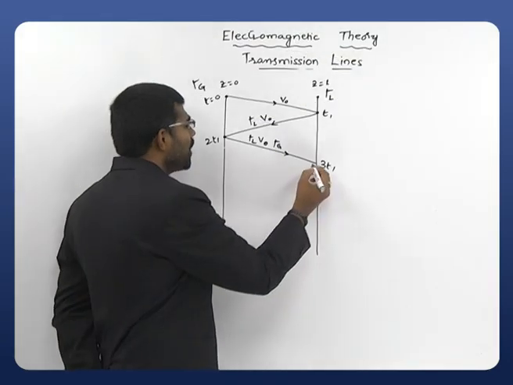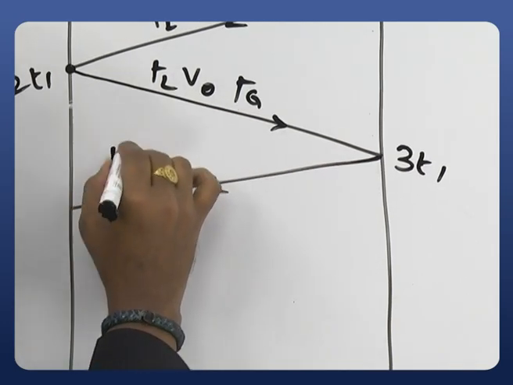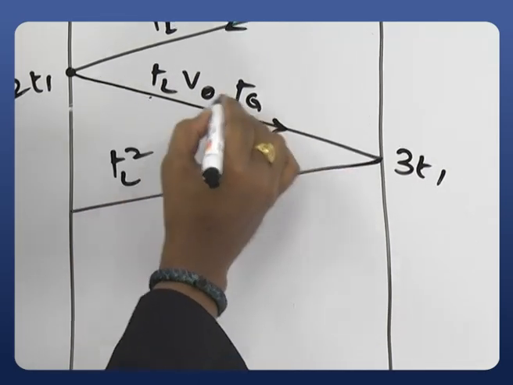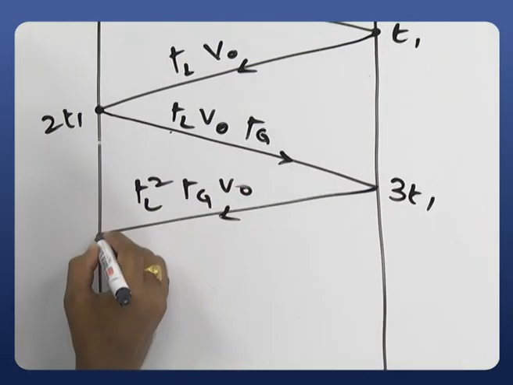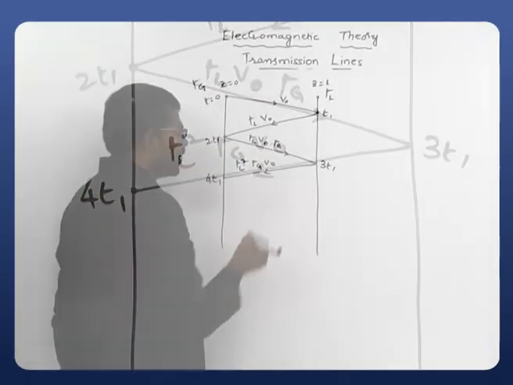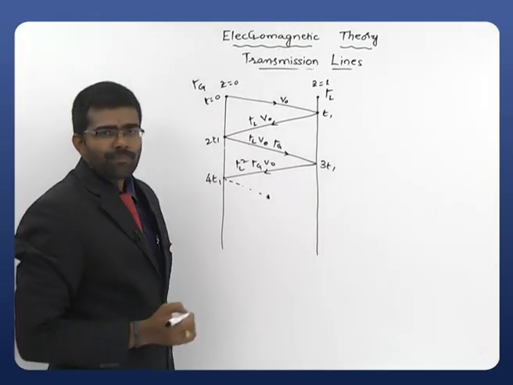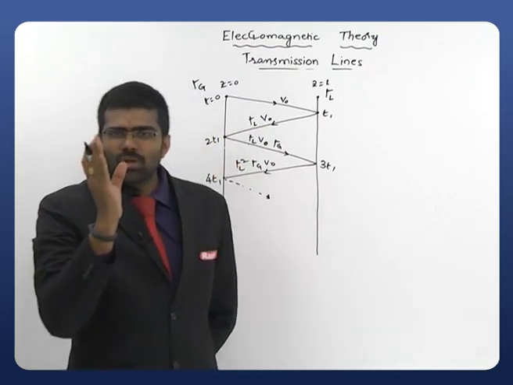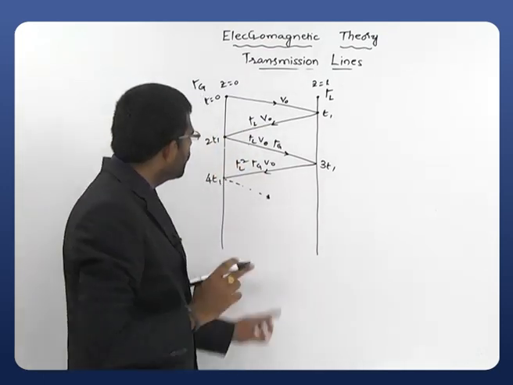After time t1 again it reaches the generator end with the voltage strength gamma L V0 gamma G multiplied with gamma L, that is gamma L squared gamma G V0, at time 4t1. Like this, a bounce diagram will be there from generator to load, load to generator, and so on.